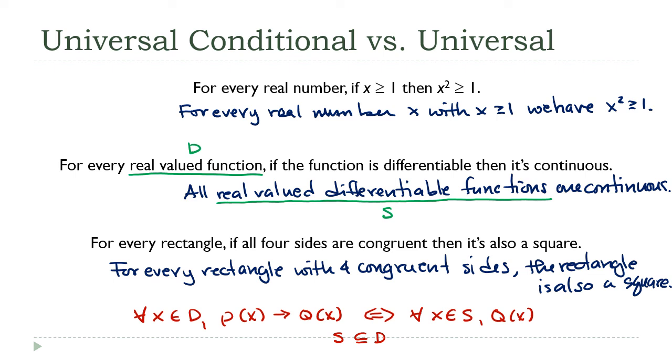And we can see this again in the third one here. The original domain was rectangles. My revised domain in my purely universal version is rectangles with 4 congruent sides. It's a subset of the original domain.